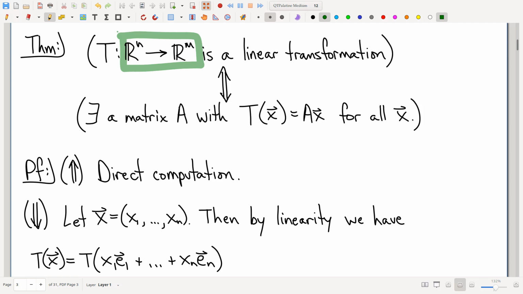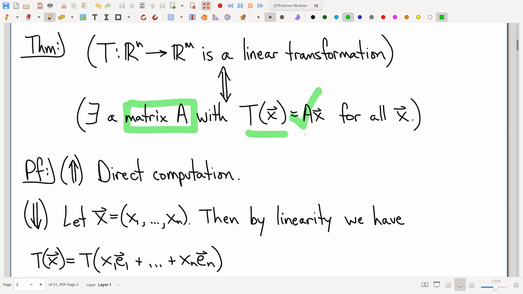No infinite dimensional vector spaces, nothing like that, right? So Rn as your domain, Rm as your target, then every such linear transformation can be represented by a matrix in this sense right here, defining T as a matrix vector product. So really cool fact, really important fact.